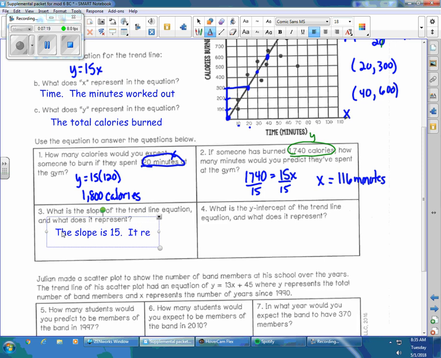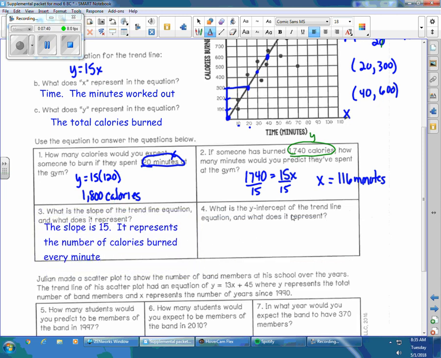It represents the number of calories burned every minute when people were working out.